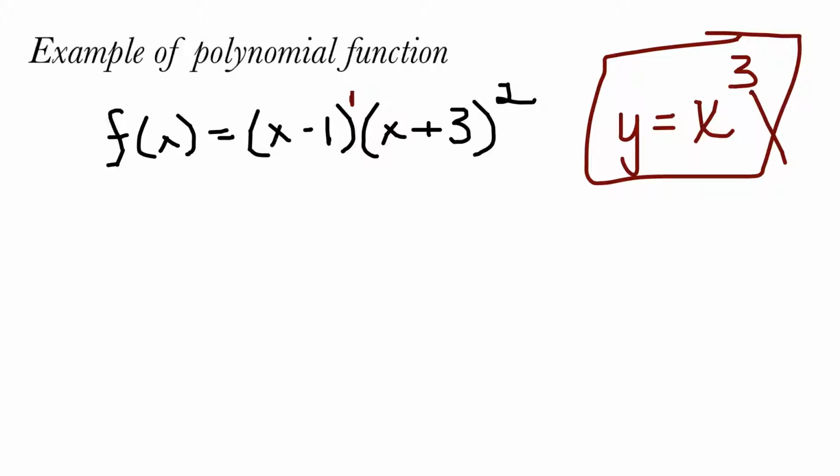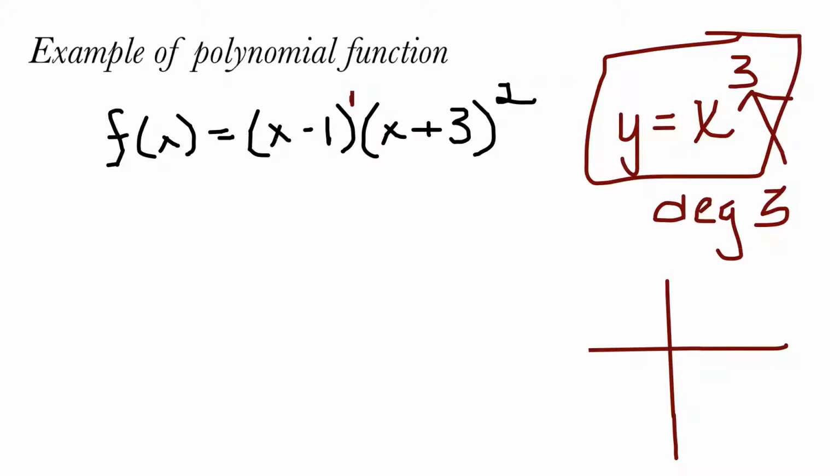So the degree here is 3. And what do I know about y equals x cubed? Well, if I were to do a little sketch of it, I know it looks something like this. So we're going to have a similar behavior over here. All right, so now we know that. What does this tell us?